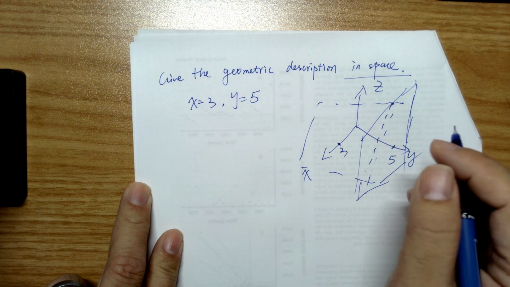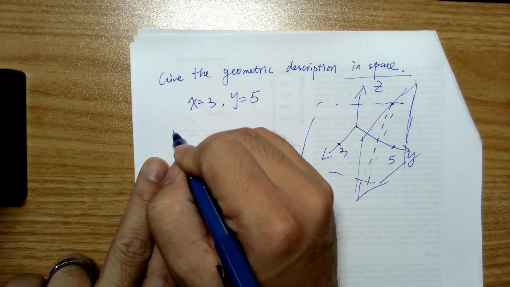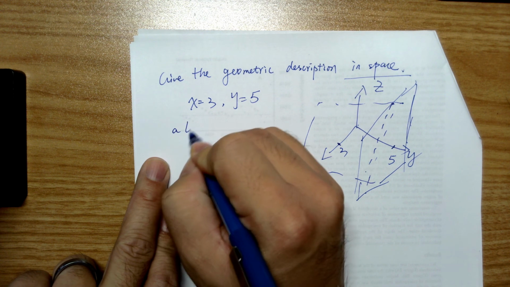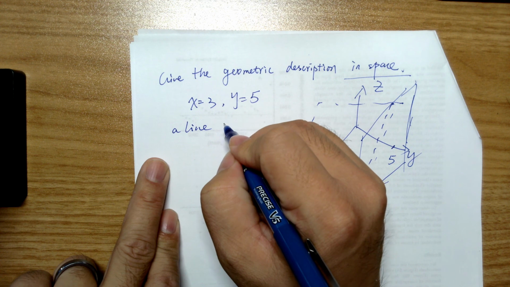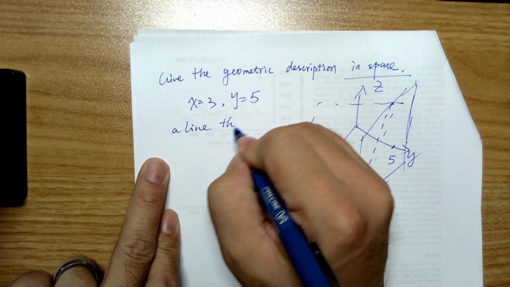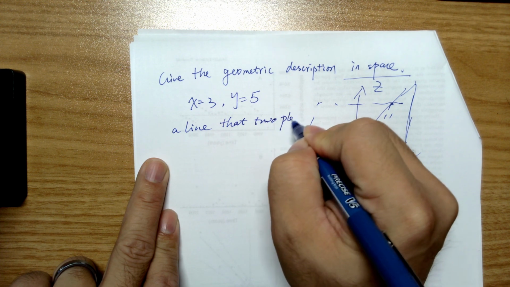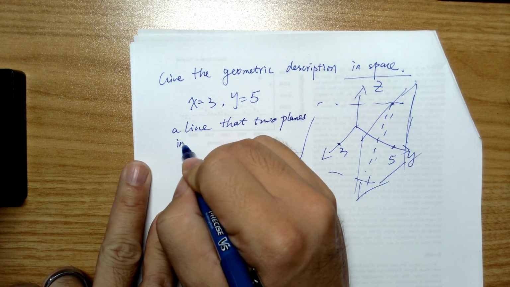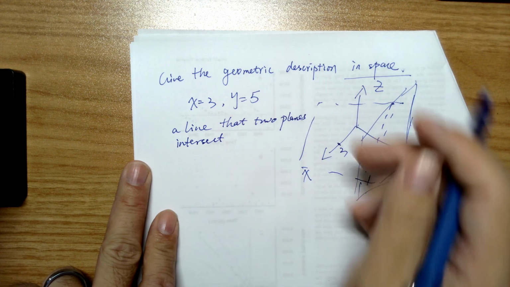So the intersection of both of them is going to be a line. It's a line that two planes intersect.